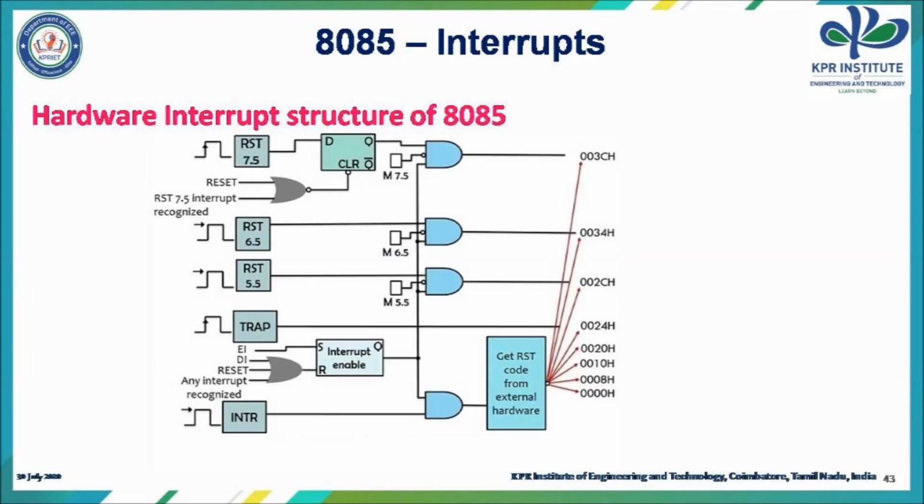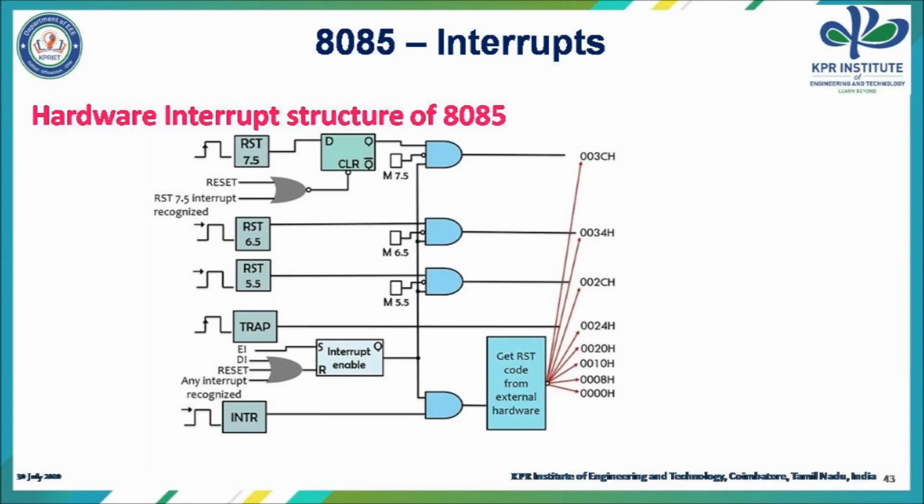This diagram shows the hardware interrupt structure of 8085. In this diagram we can see the 5 hardware interrupts of 8085 microprocessor. At the top we can see RST 7.5, which is an edge triggered interrupt. The second one is RST 6.5, which is a level triggered interrupt.